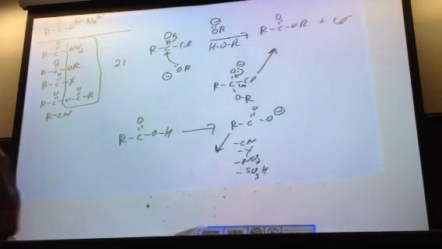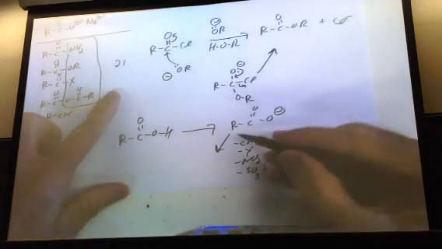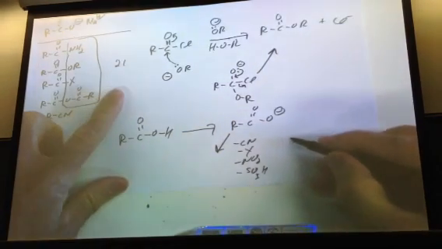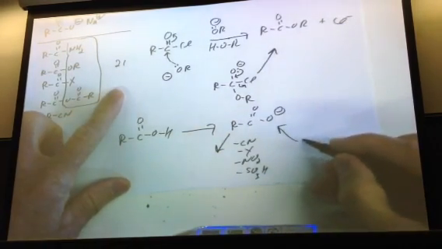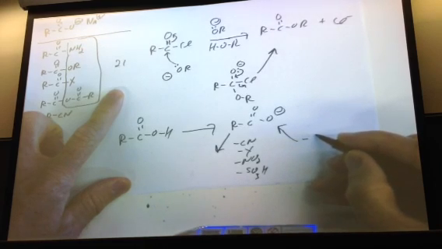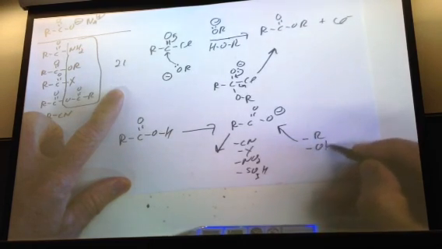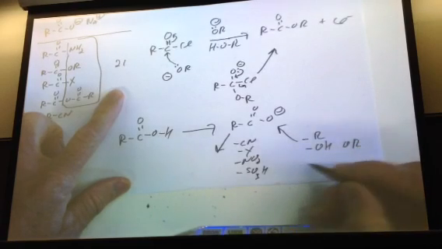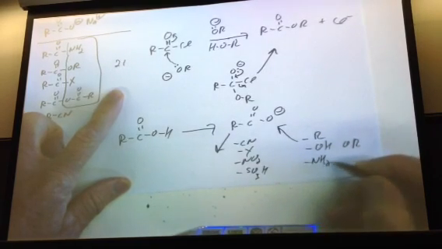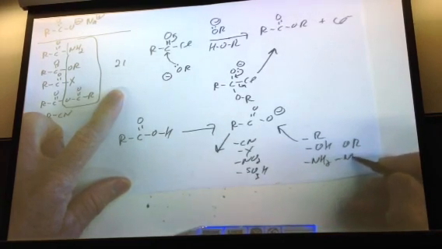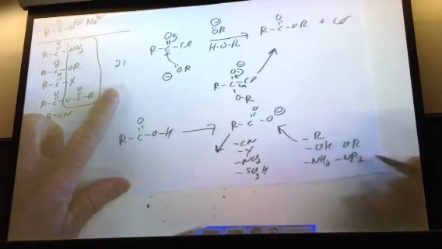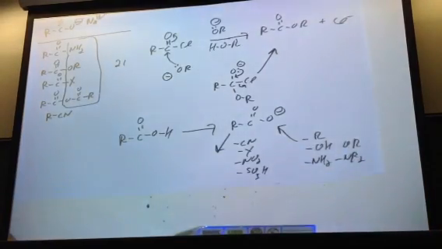On the other hand, if you have groups on R that push electrons in, like more R groups, or an OH group, or NH2, you have these kinds of groups here. They tend to shove electron density away from them toward some other location.